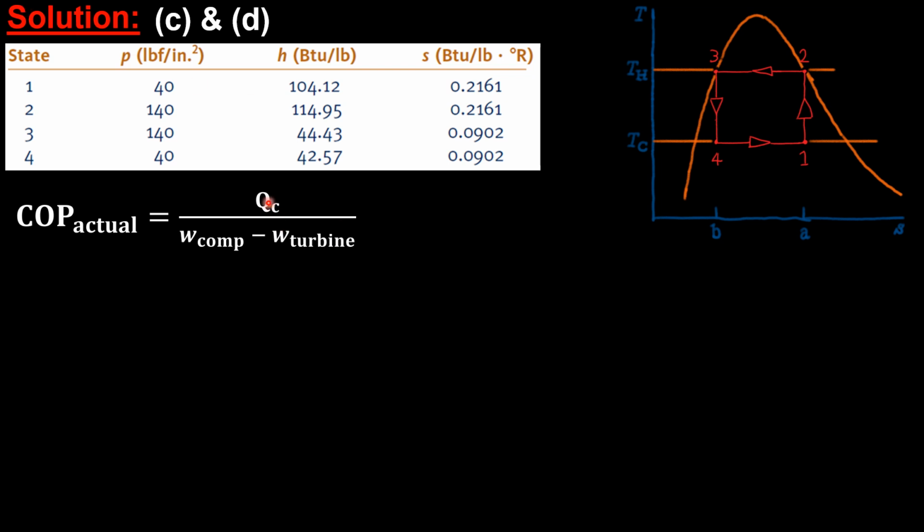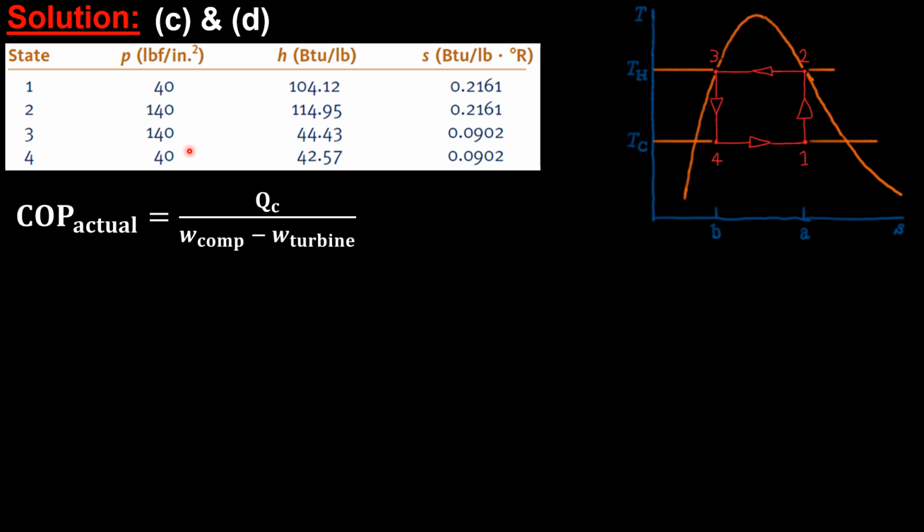All right, so the COP, or the efficiency ratio actual, will be the cooling load divided by the difference in the specific work of the compressor minus the specific work of the turbine. And remember, the values that we will get for Q sub C, the cooling load, and the compressor and the turbine, these values we will get from the measurable data that we are given.